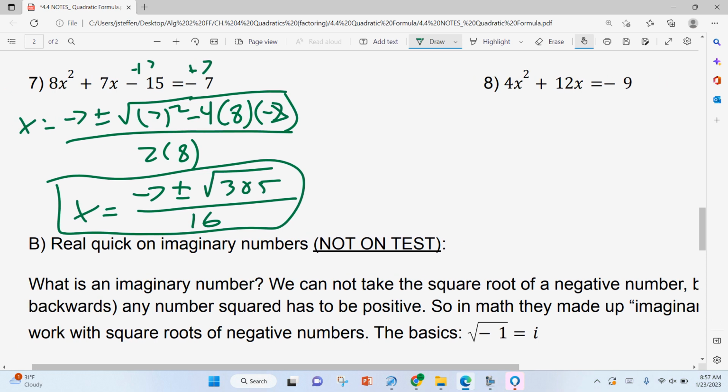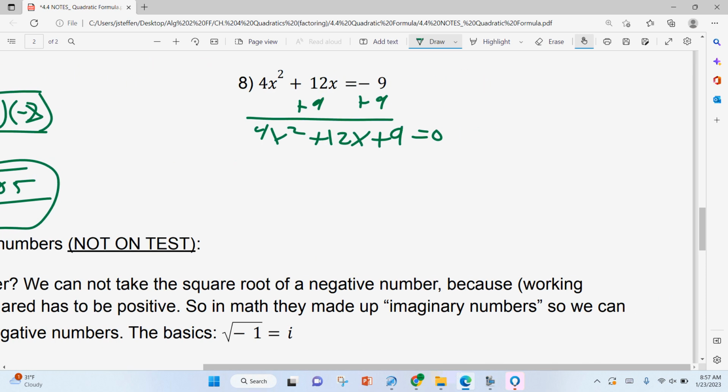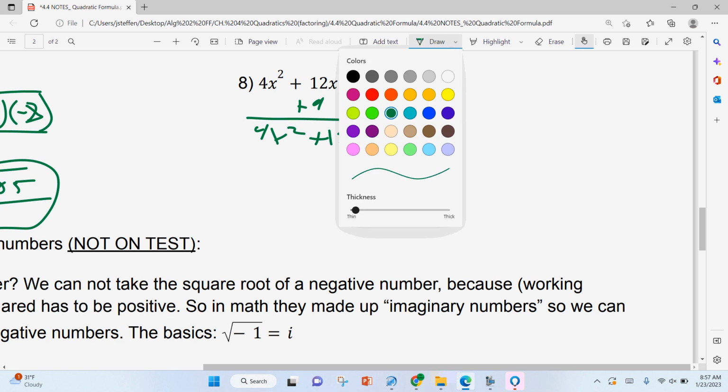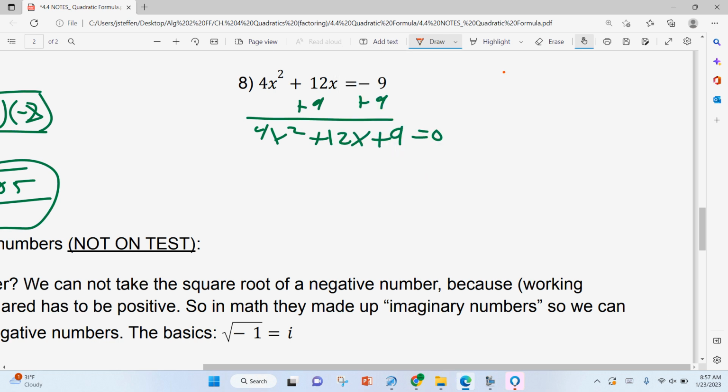I'll walk you guys through it quickly. So for number 8, first thing, add 9 to both sides. So we end up with 4x squared plus 12x plus 9 is equal to 0. And then we go ahead and sub that in.